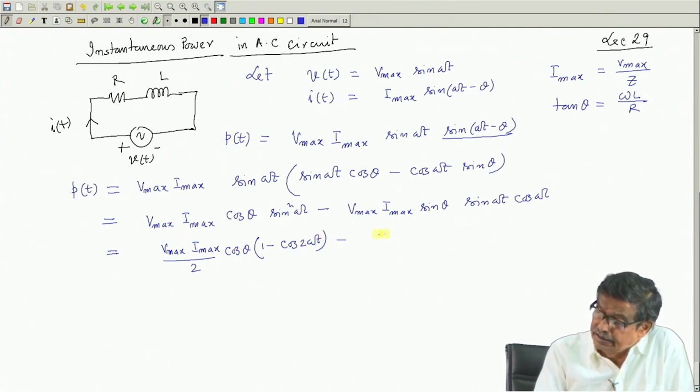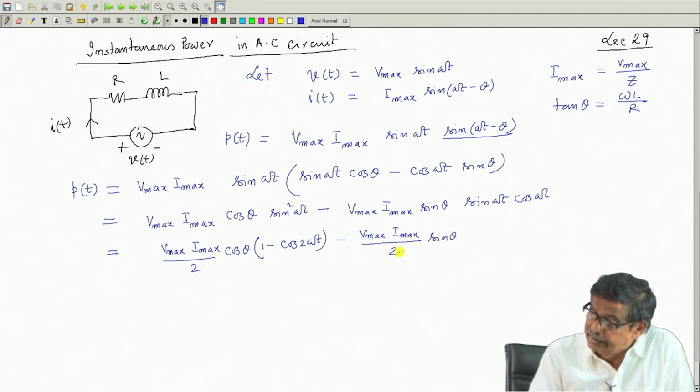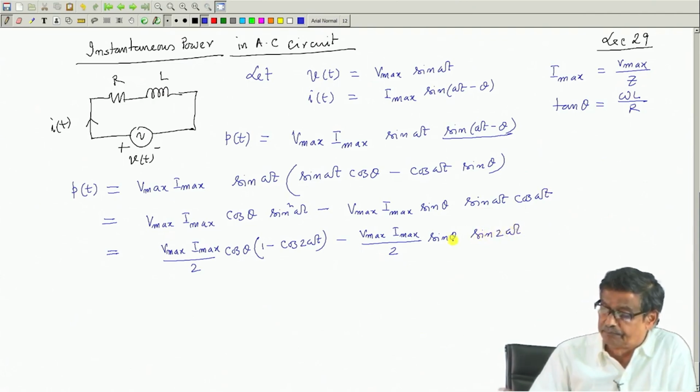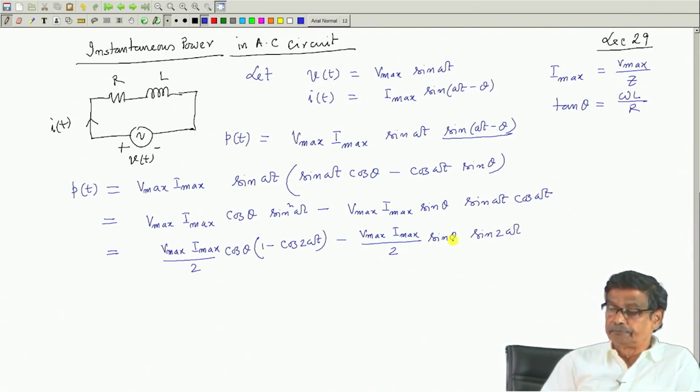Minus this one, which can also be written as V max I max by 2 sin theta, and 2 sin omega t cos omega t is sin 2 omega t. This is what I have written.